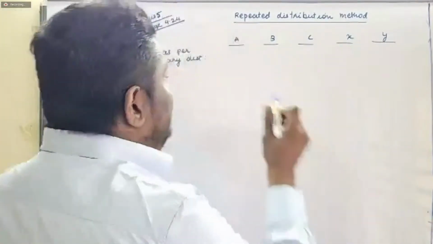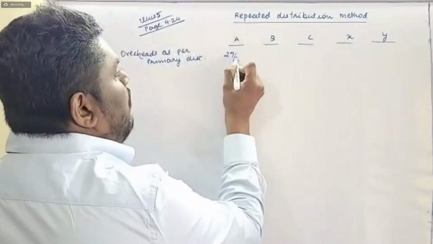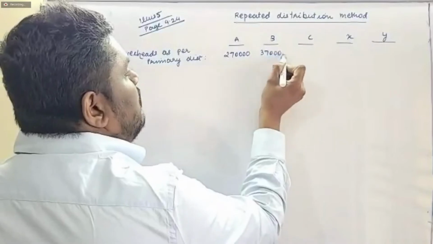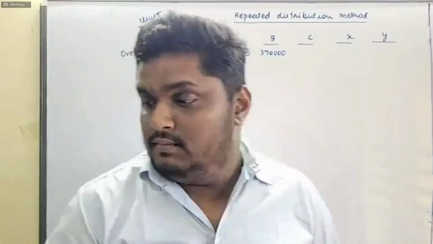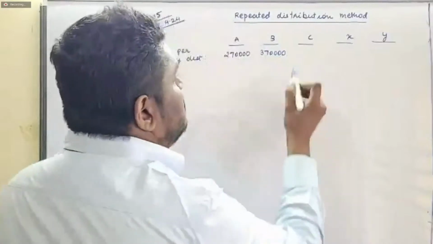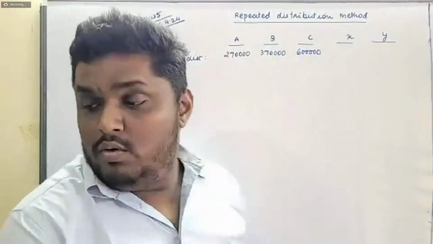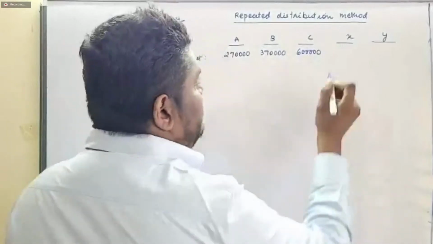That is 2,70,000, 3,70,000, 6 lakh, 475 and 535.